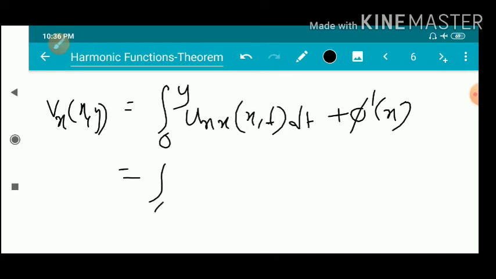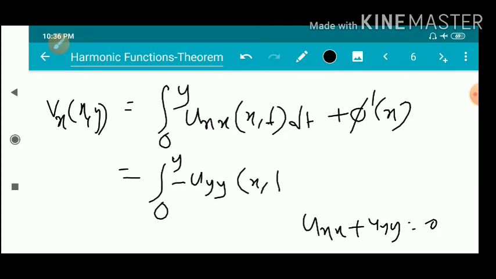Here we have given that u is harmonic, so uxx plus uyy equal to 0, so uxx equal to minus uyy. We can write it as minus uyy dt plus phi dash of x.